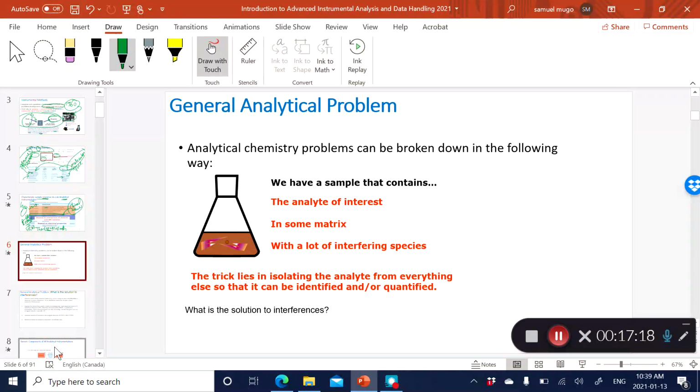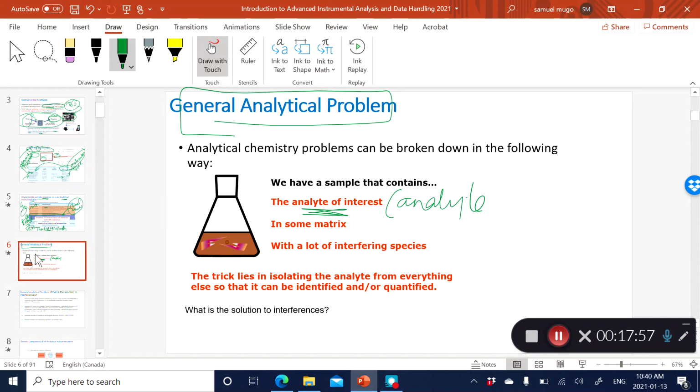Now, what's the general analytical problem that we are trying to address using all these different types of instrumental methods? Or maybe the question is, why do we have to innovate so many different types of instrumental methods only for the purpose of chemical analysis? The problem lies in what you call the general analytical problem. When you're analyzing a sample, often you're looking for the chemical species of interest, and that is what you refer to as the analyte.